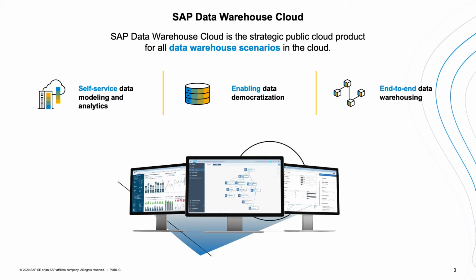SAP Data Warehouse Cloud is positioned as a clear strategic public cloud product for our warehousing. So this is our flagship in terms of warehousing solution in the cloud, which is based on three main pillars and three main visions that we have. The first pillar, as I already mentioned, is the end-to-end data warehousing capability, which we basically really try to integrate all of our analytics offerings, starting from Data Intelligence, HANA Cloud, Warehouse Cloud, and Analytics Cloud.